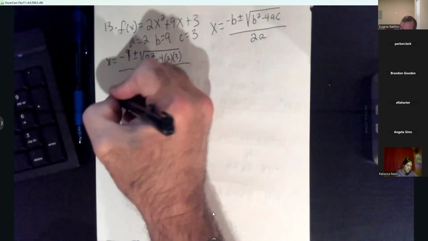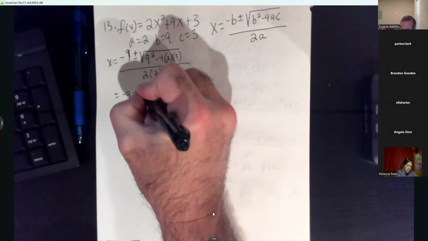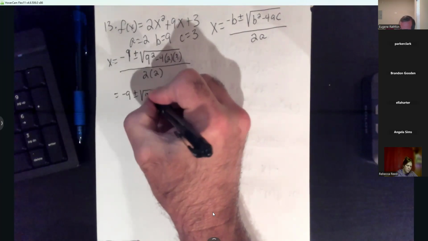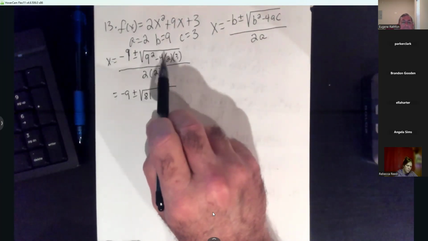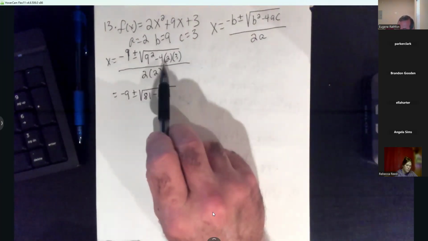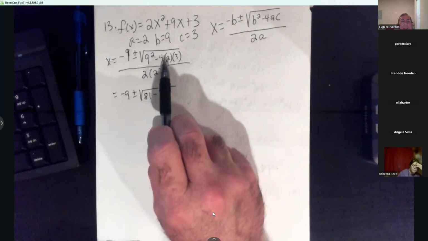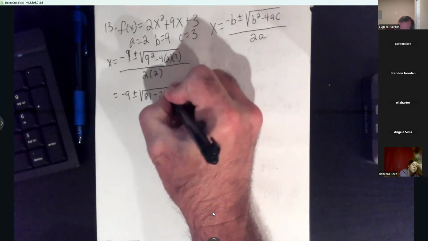All righty, y'all, so let's go. That's going to make that a -9 plus or minus. Under the radical, 9 squared is 81. All this is being multiplied. So since I only got one negative, that sign's going to stay negative. So -4 times 2 is -8. And then that -8 times 3 is a -24.